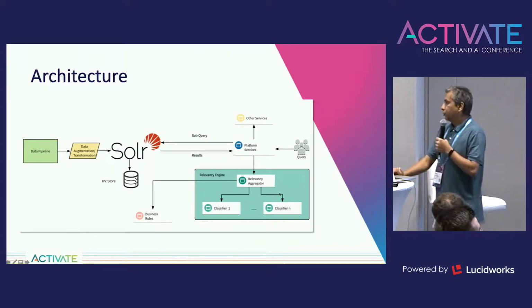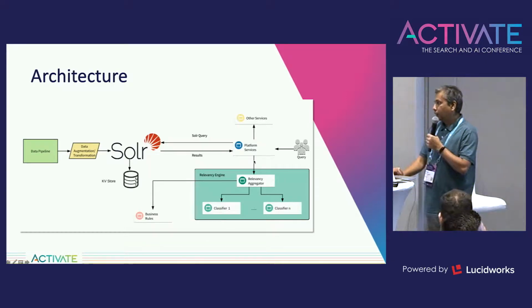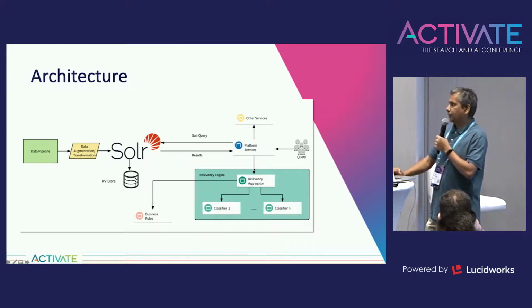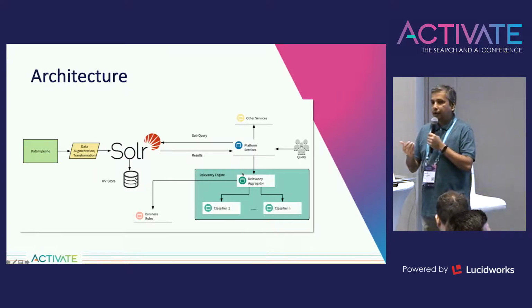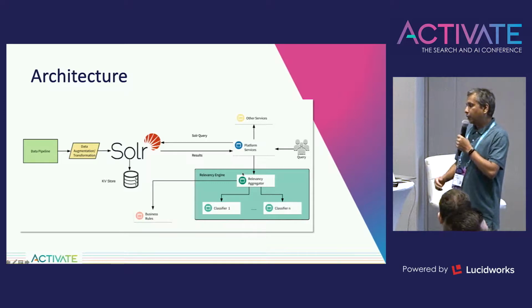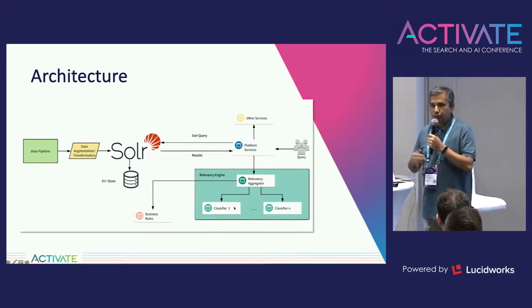Typically, a query flows into platform services. The platform services call a bunch of other dependent services that it requires, and also call the relevancy engine. The relevancy engine is an aggregator that we have, which essentially calls different classifiers.